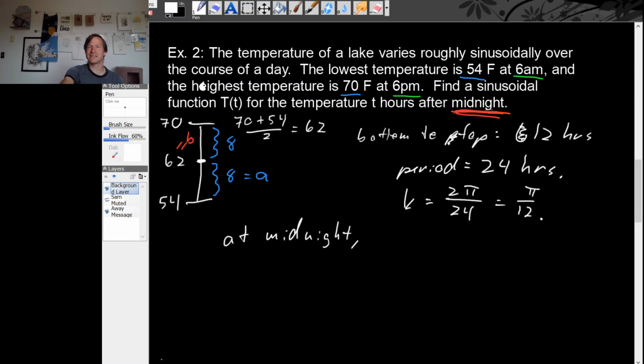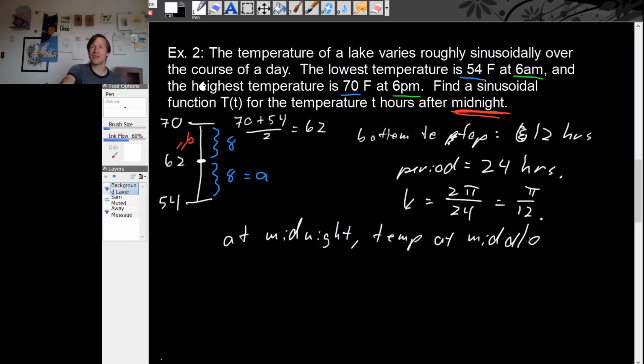So let's see, at 6 p.m. it's 70 degrees. At 6 a.m. it's 54 degrees. So it looks like halfway in between is midnight, and the temperature is going to be at the middle.